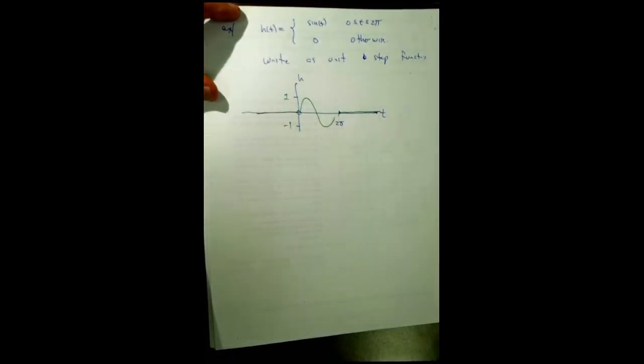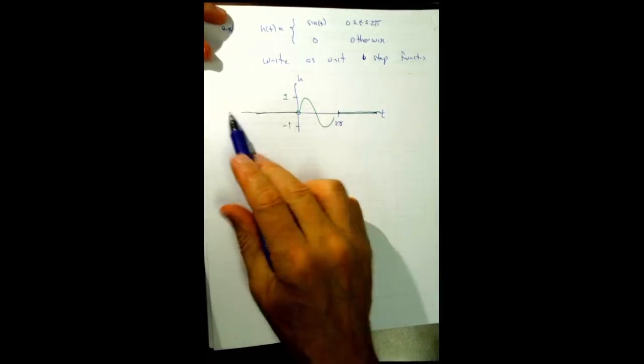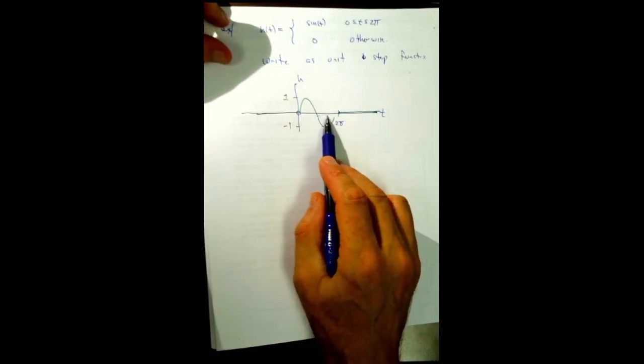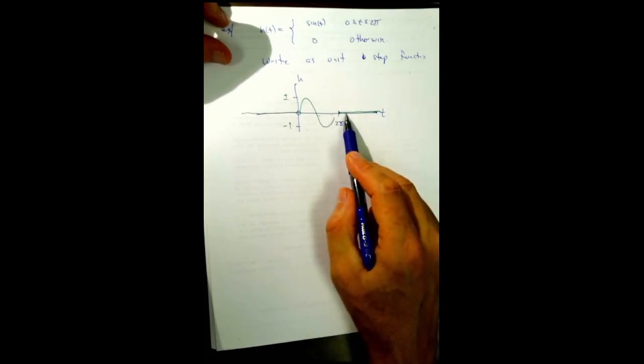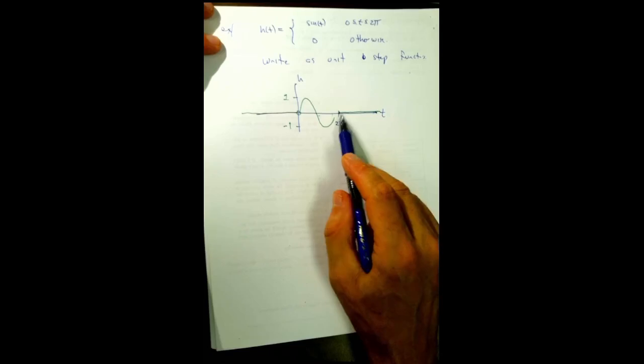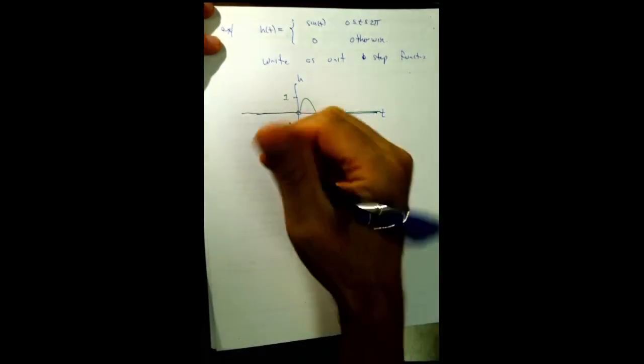So in terms of constructing this, I'm going to make this thing 0 for t less than 0. I'm going to turn on the sine function, and then when I get to 2 pi, I'm going to have to turn it off. So I'm going to subtract it using something that only turns on when I get to 2 pi.